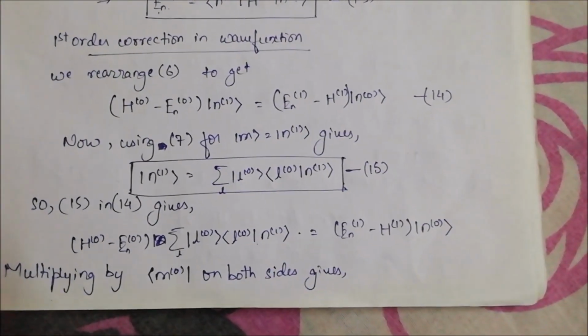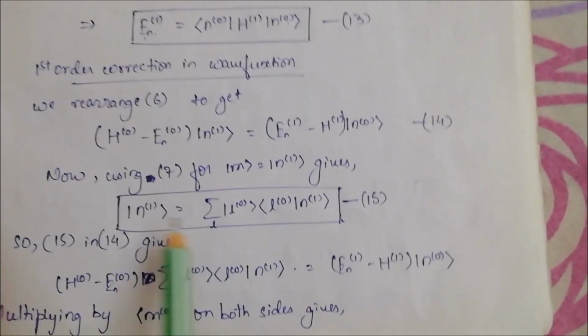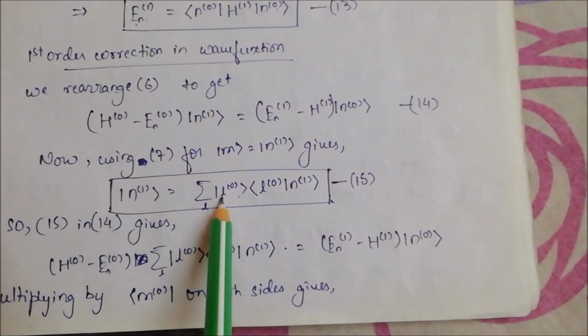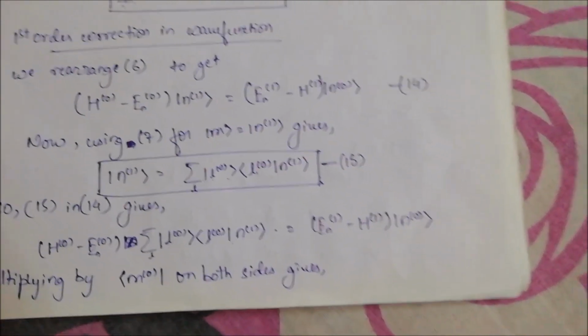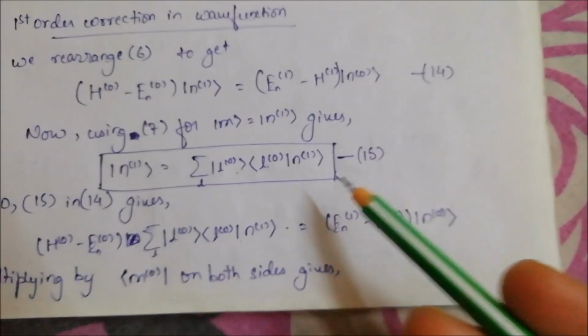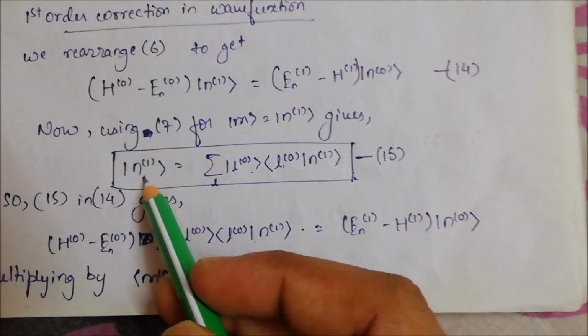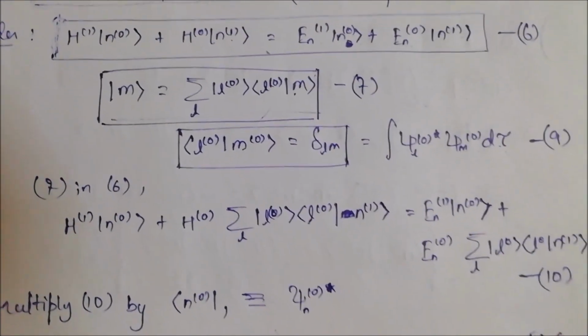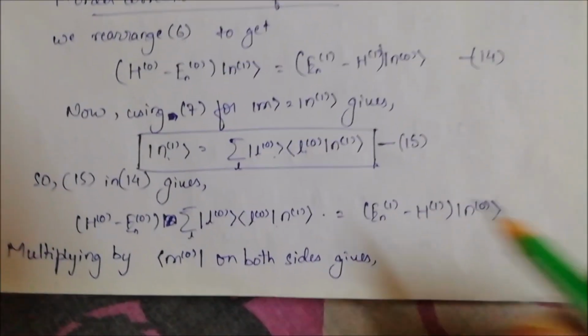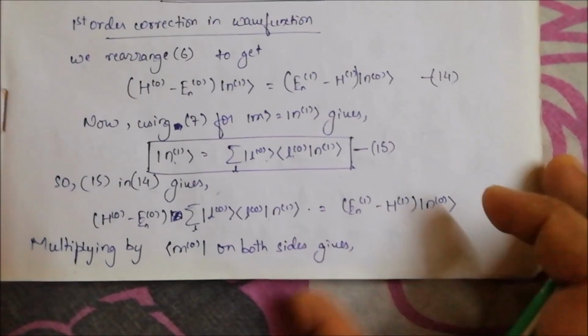And again I'm using the basis of the undisturbed Hamiltonian to expand the first order correction in the wave function, just like before in equation 7, and now I'm naming this equation 15.